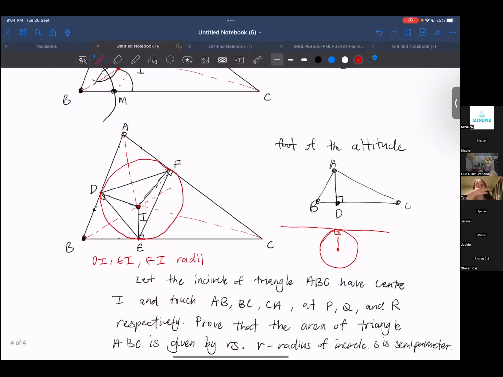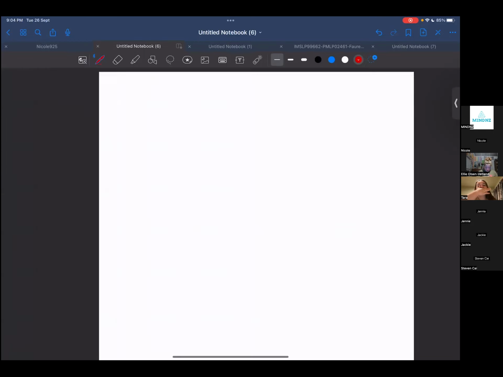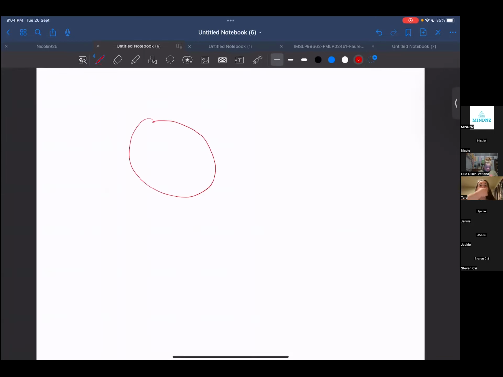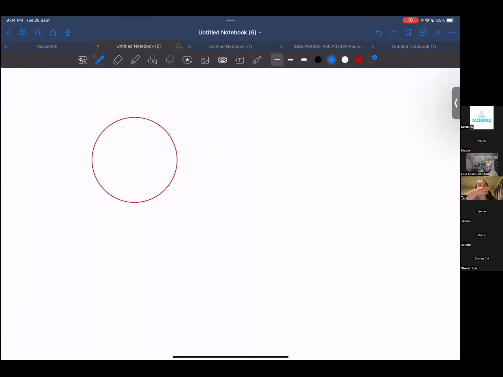Because let's take a look at this. Here's a circle. Here's a line. That is not a tangent, right? Because it touches the circle at 2 points.